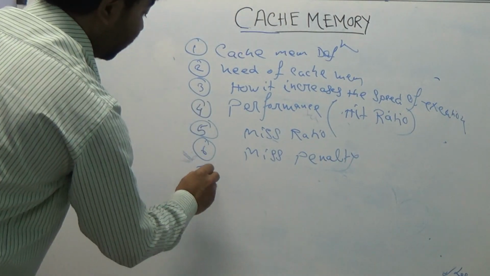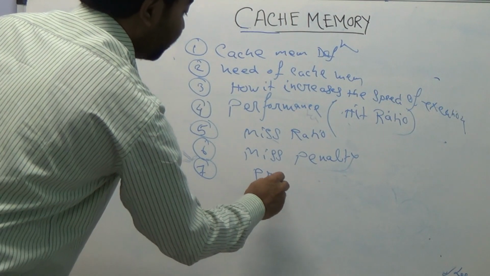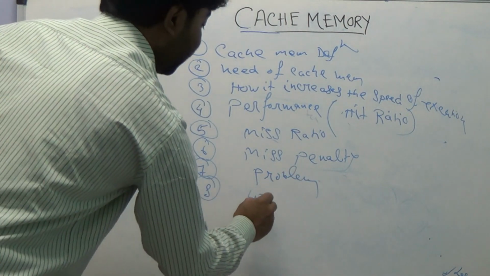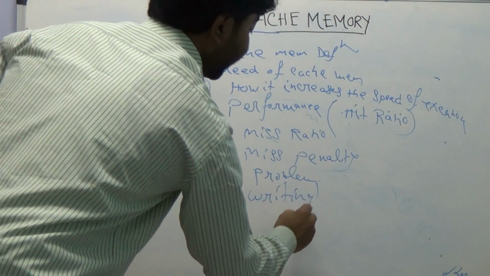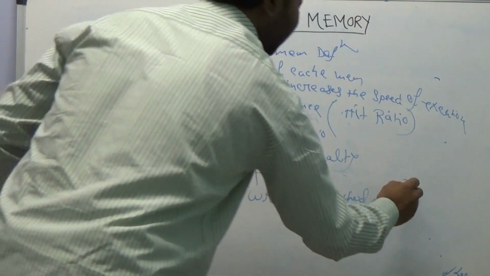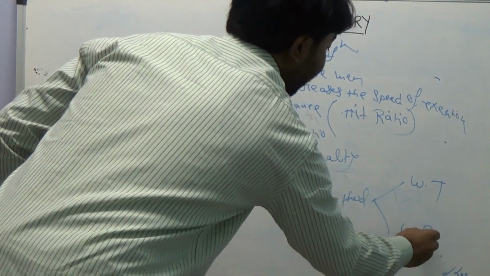Then we have worked out a problem on miss penalty. Next one is the different writing methods of cache memory. From the writing methods we have found that there are two types of writing method. One is write through, another one is write back.